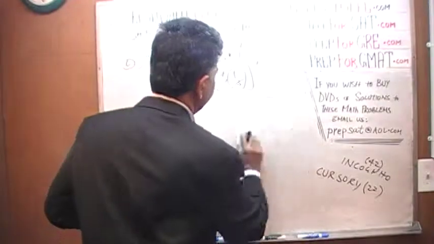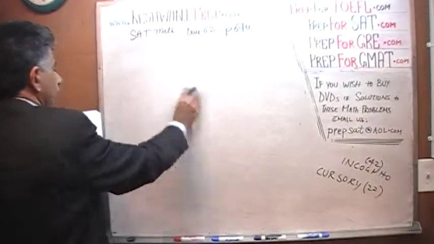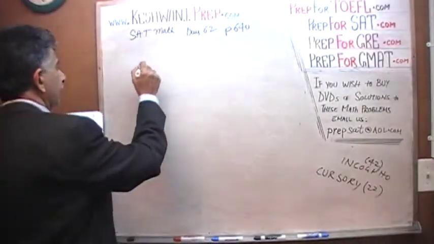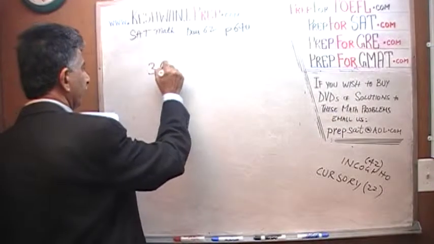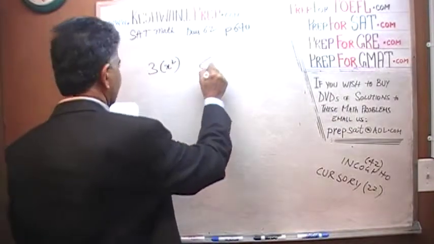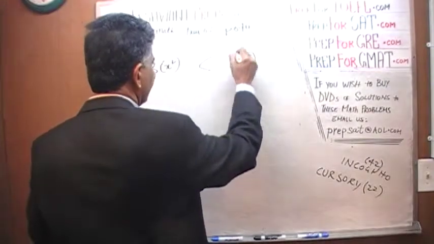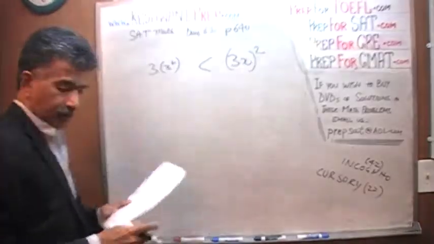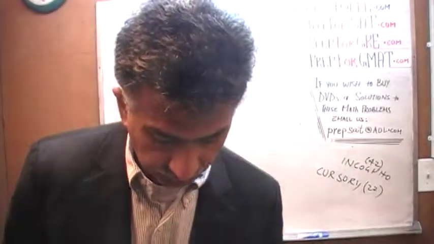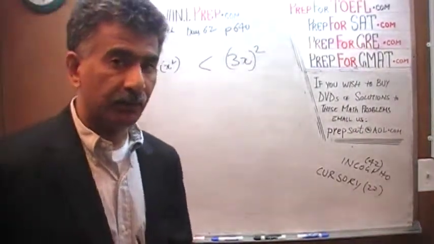What about D? D says 1. So 3x squared less than 3x whole squared. Now listen, I'm going to make a quick comment here because it happened quite inadvertently. I did not do it on purpose.